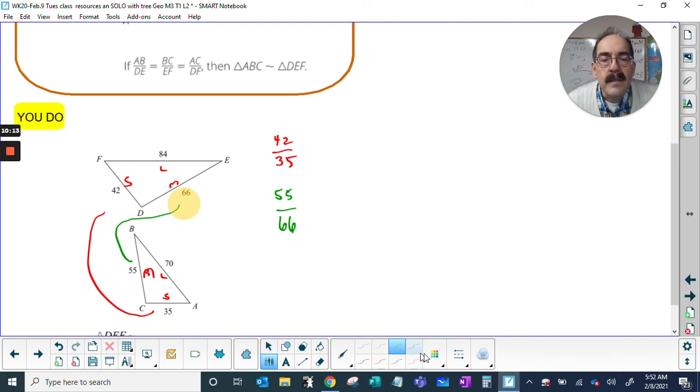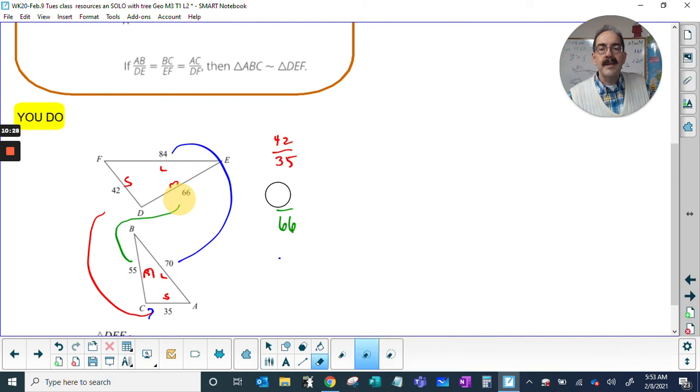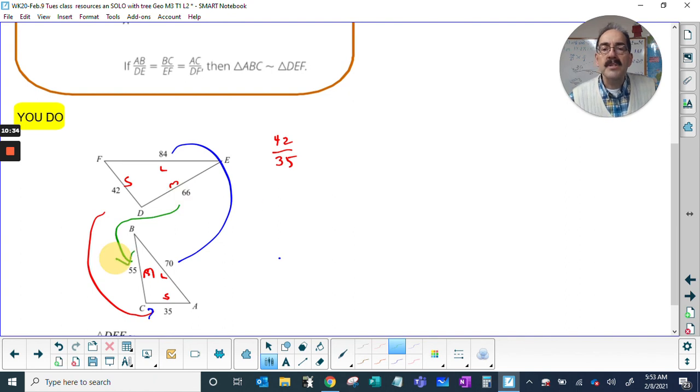And then the last one, 70 to 84. So I went 42 to 35. I wrote that upside down, didn't I? So you always have to go the same direction. So let's go the same direction.